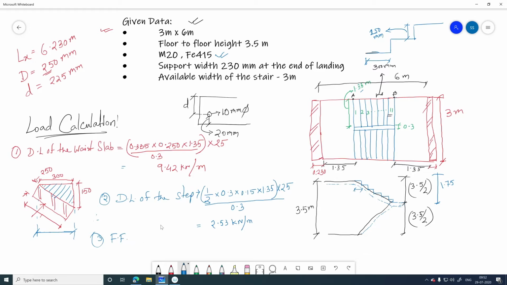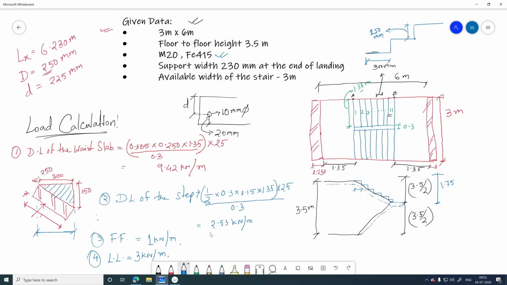Okay, now any other load is not given here, so we will consider the floor finish. That means if you provide the tiles and that kind of thing over there, so 1 kilonewton per meter, and the last one for the live load we consider over here 3 kilonewton per meter.